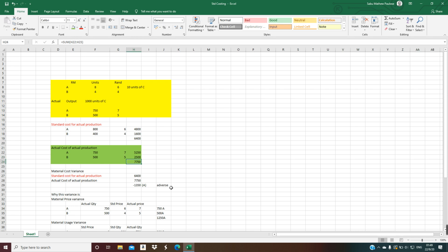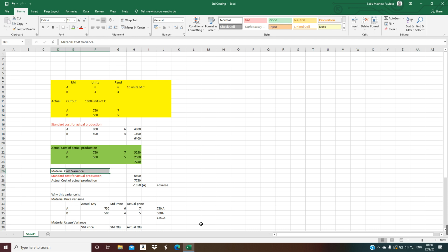So if you deduct 7750 from the standard 6400, we get that the total expenditure is more by 1350. That is adverse. So that is the material cost variance: 1350 adverse.